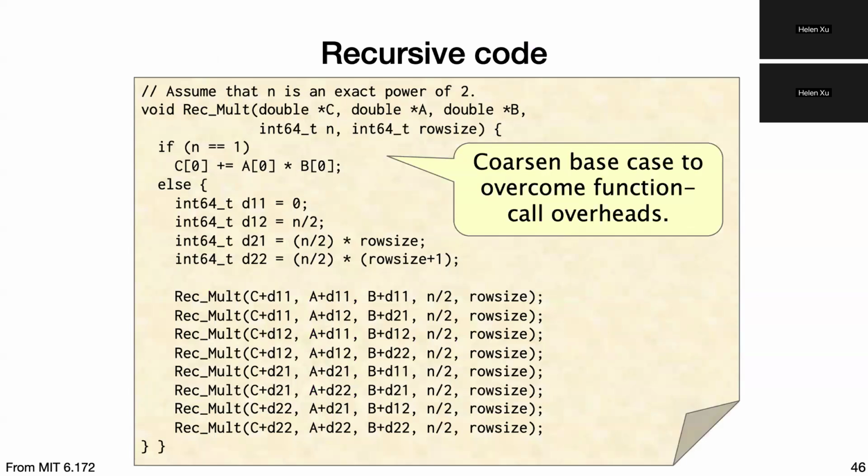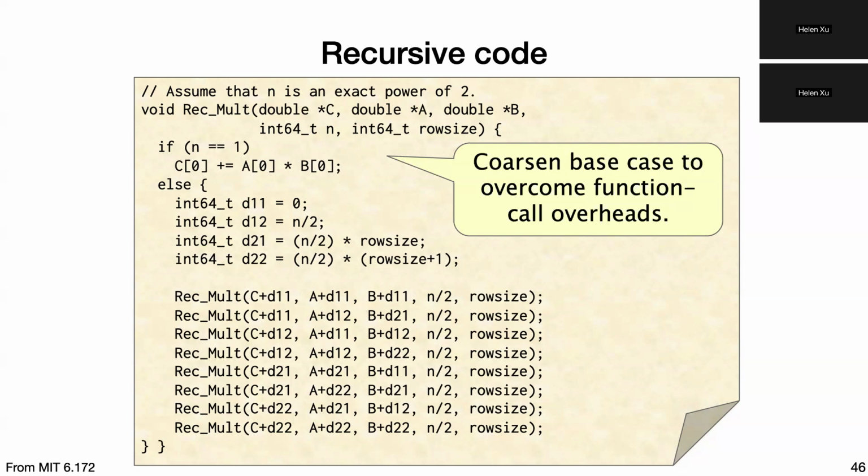This is the recursive code, similar to what we had last time, but it's simpler in this case because we're not worrying about parallelism. Previously we had this complicated thing where if you have 8 parallel calls, then you need a temporary, but this is just one thread, so we don't have to worry about the temporary. So we have matrices C, A, B, N, which is the length, and row size.